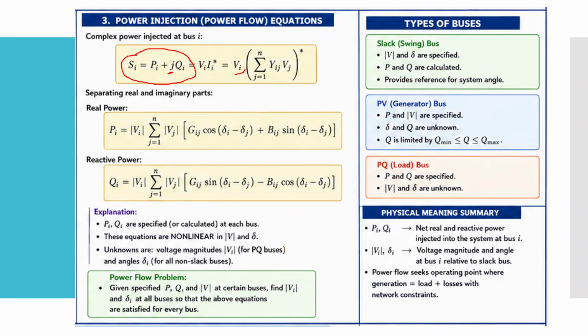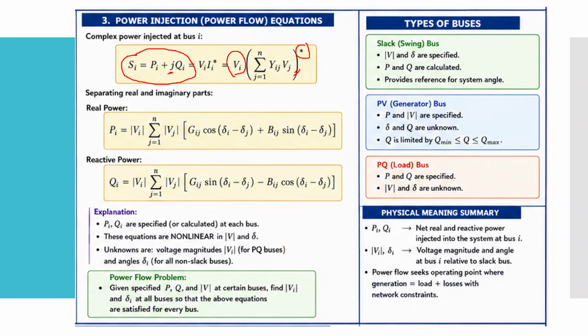So we have V, then we have I, and then we take the conjugate. When we say conjugate, it means for a parameter represented as a magnitude at some angle, we take the negation of the angle. So for a real part, we take the cos of the conjugate, and for a reactive part, we take the sine of the conjugate.